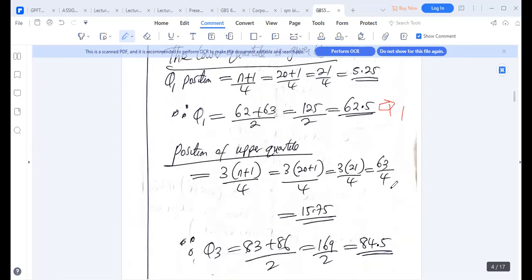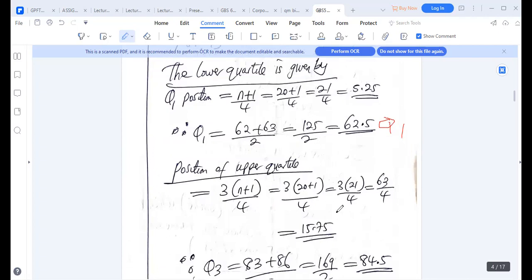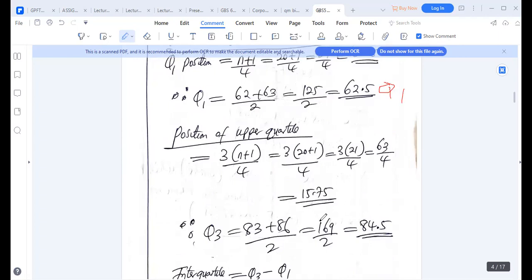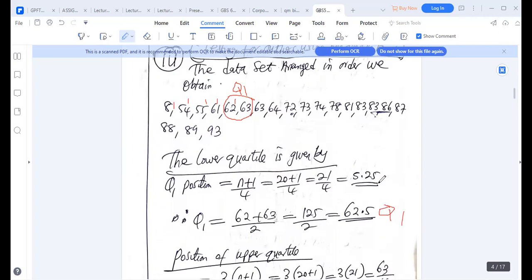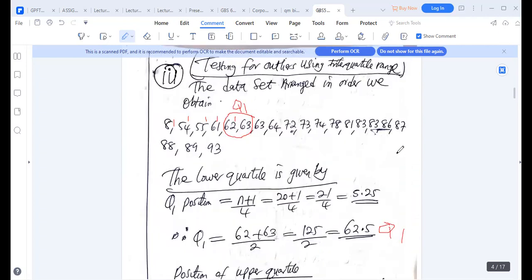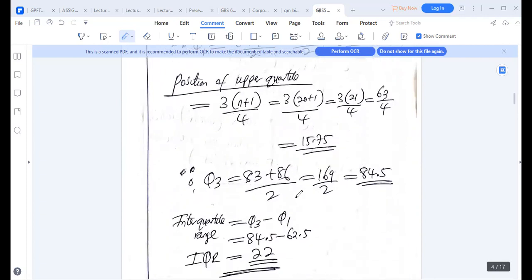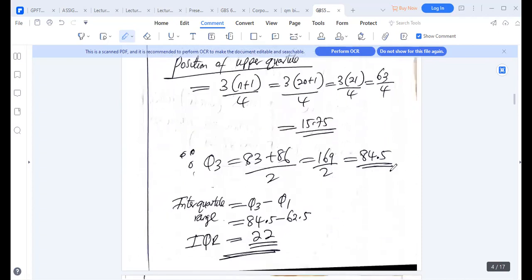Then the position of the upper quartile is 3n plus 1 over 4, which gives us between the 15th and 16th position. That is 83 plus 86 divided by 2, so 169 divided by 2 is 84.5.